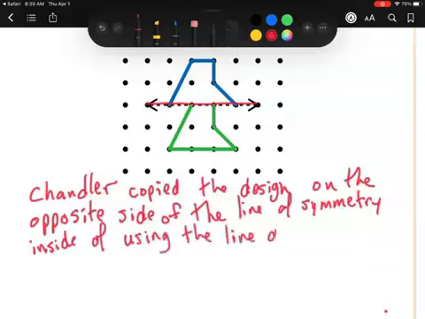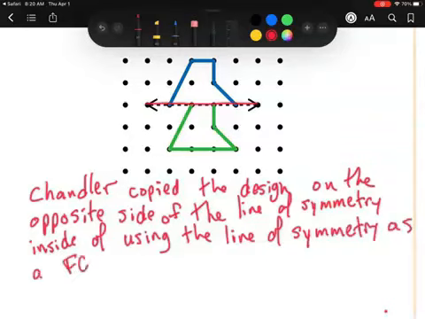Instead of using the line of symmetry as a fold. So remember, that key part is our line of symmetry is a fold line. So that's why we capitalize fold.